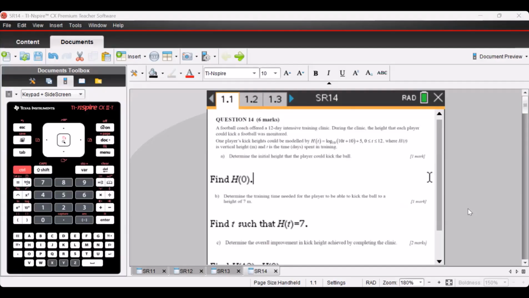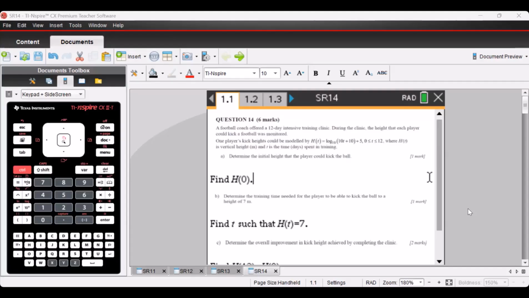One player's kick heights was found to be able to be modeled by the function h of t is log to the base 10 of 10t plus 10 plus 5 for t values between 0 and 12, where h of t gives the vertical height in meters and t is the time in days spent in training. So t is between 0 and 12.